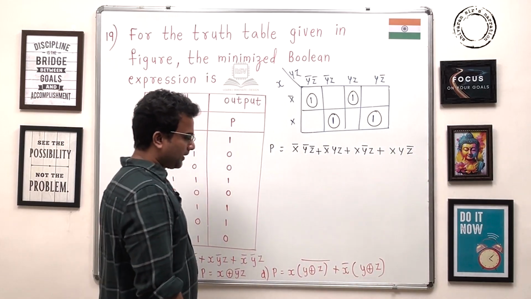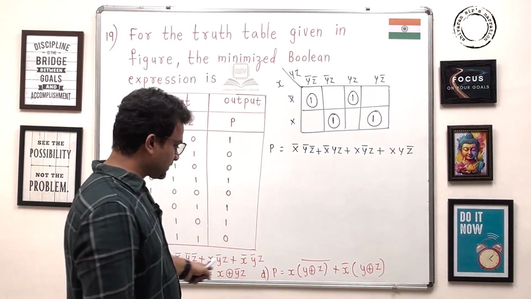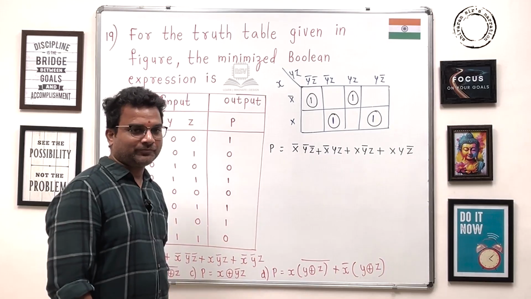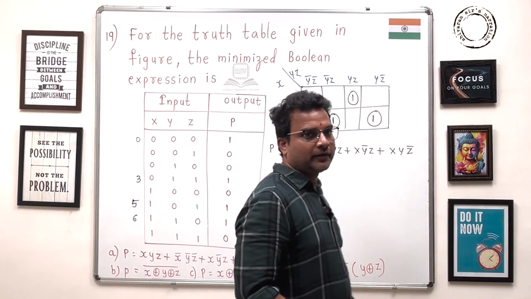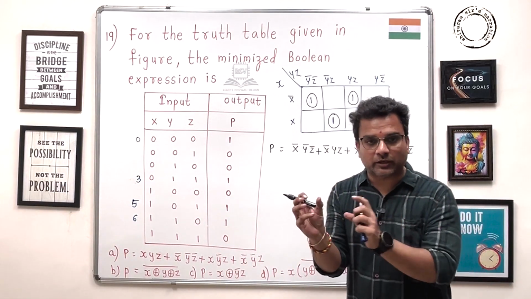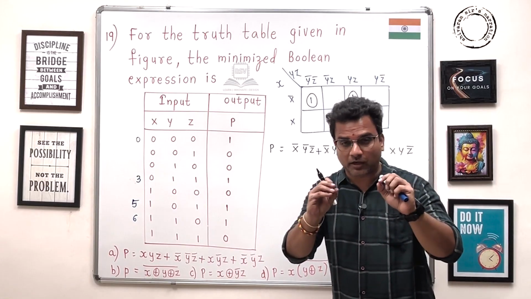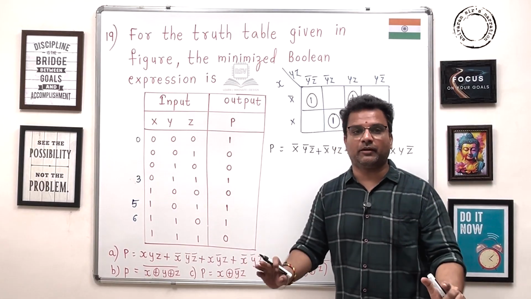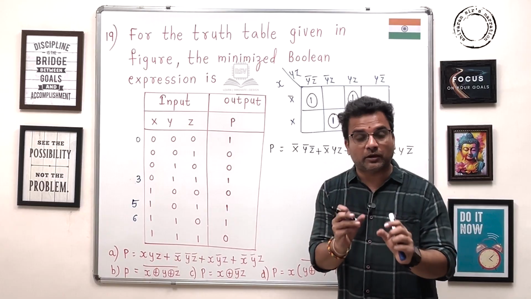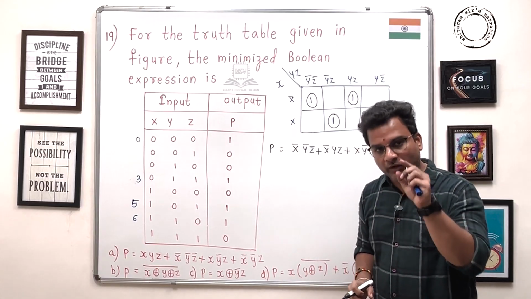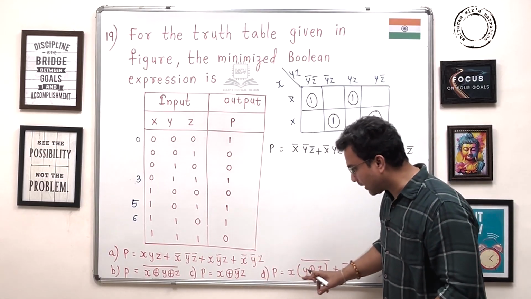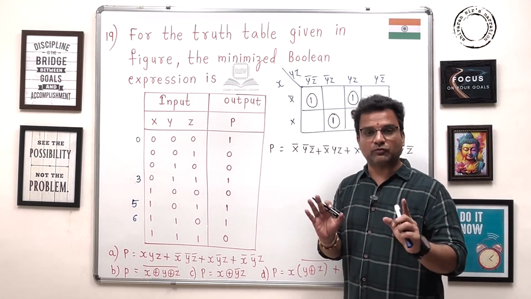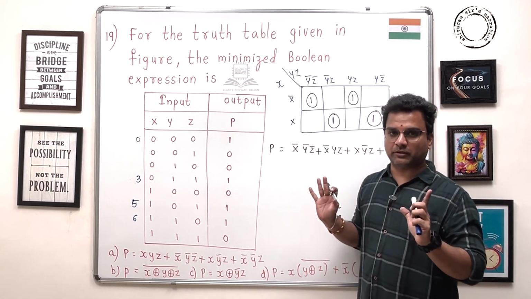This one guys, is this in the options? No. Then how can you do that? We need to rearrange the terms. Remember guys, here we are not doing any optimization, but we are rearranging the terms in such a way that you will land on one of the options. Yes, that's our motto in this particular question.